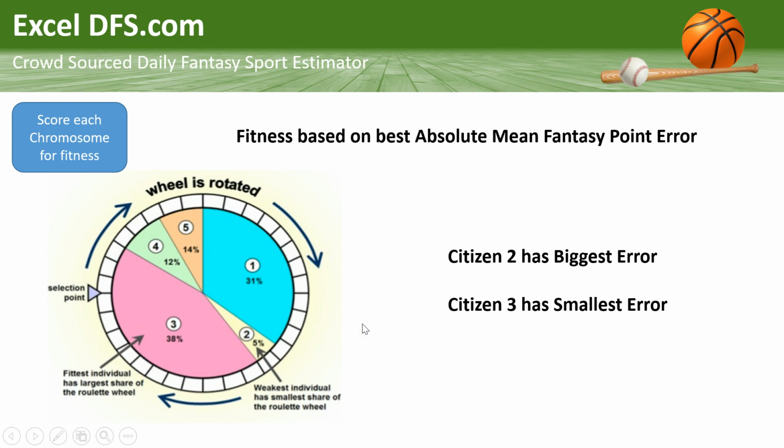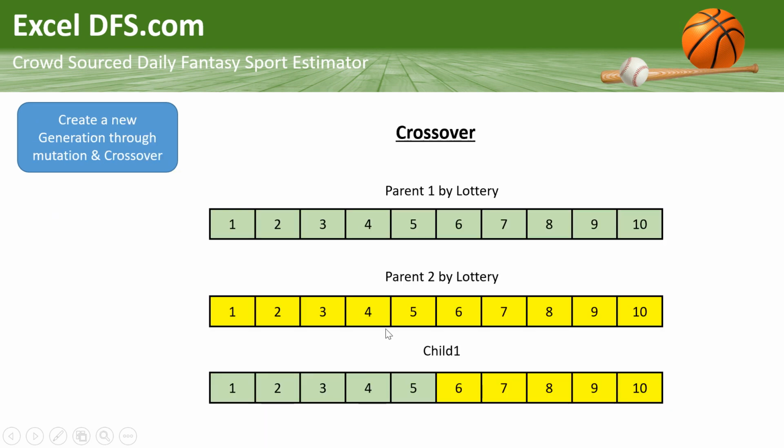So that's what we call crossover. Basically 2 parents coming together, parent 1 and parent 2, to produce one child. And the way the child is produced in this specific algorithm is you take the first half of the chromosome, so the first 5 genes, or if it's 11 in your code, it might be the first 6 and then the next 5.